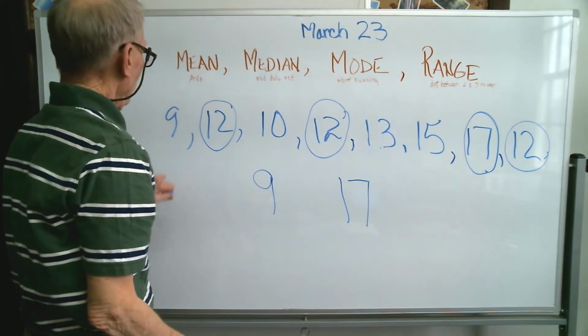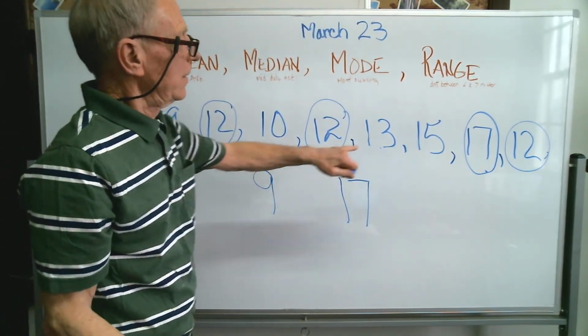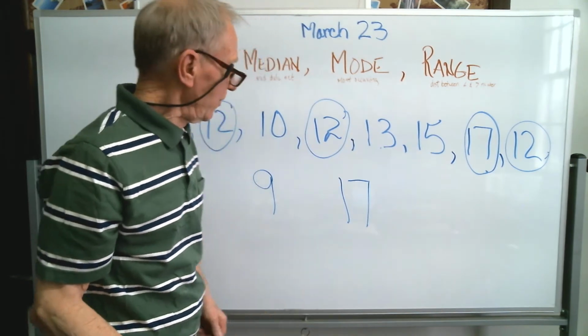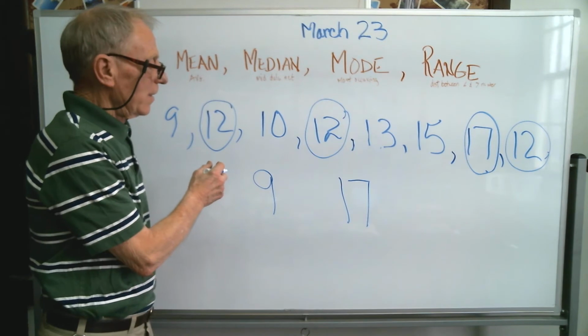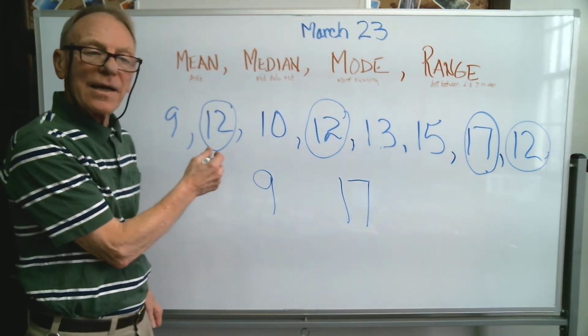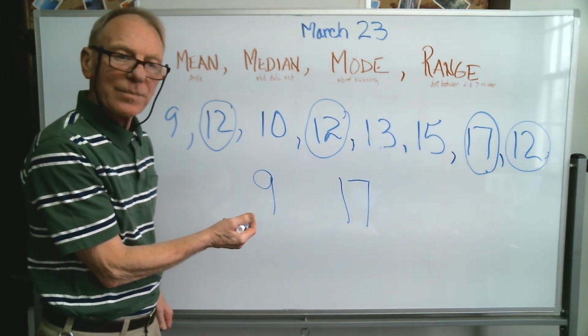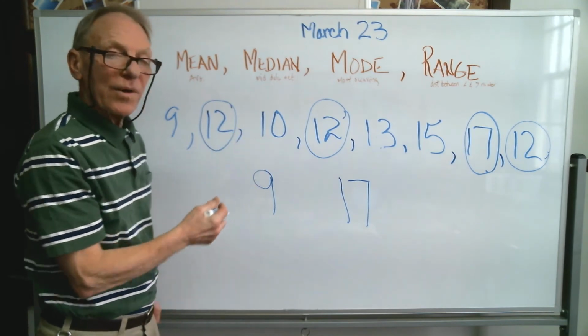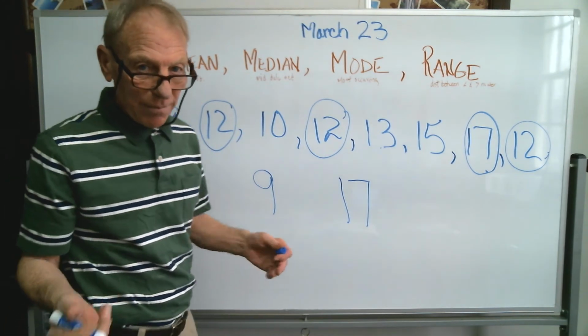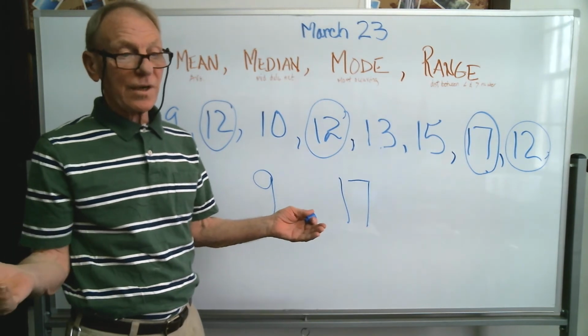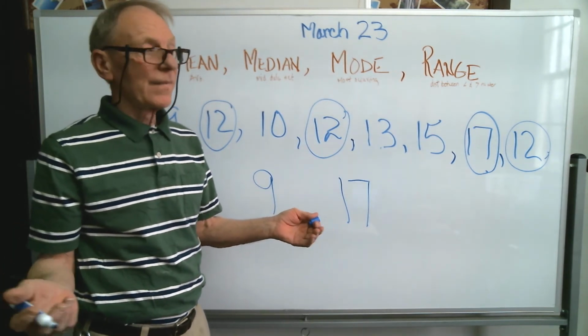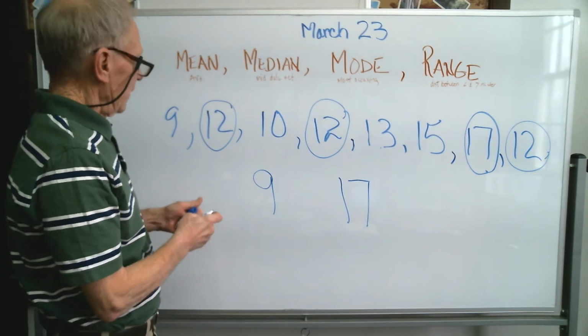So, 9 being your lowest, 17 being your largest, your range is then stated as between 9 and 17. Every other number in this number set will fall in between the number 9 and the number 17. So, there you have it.